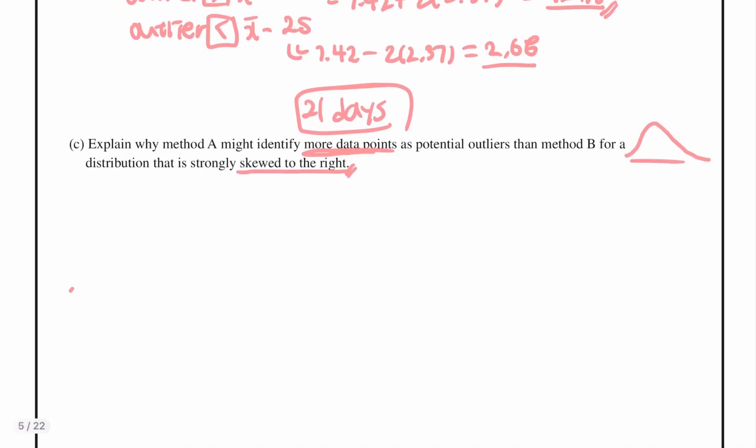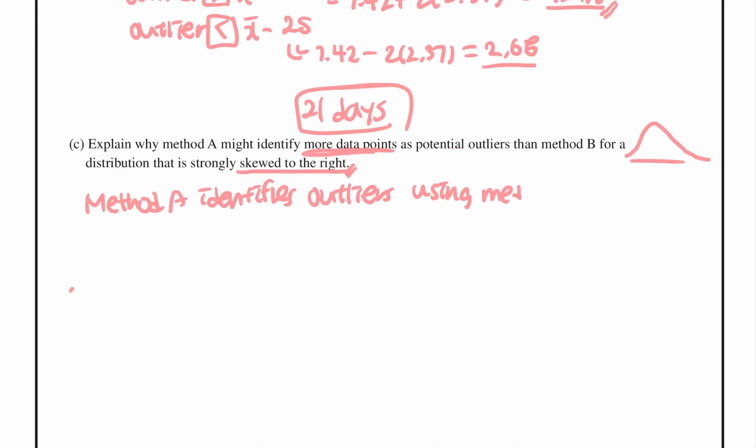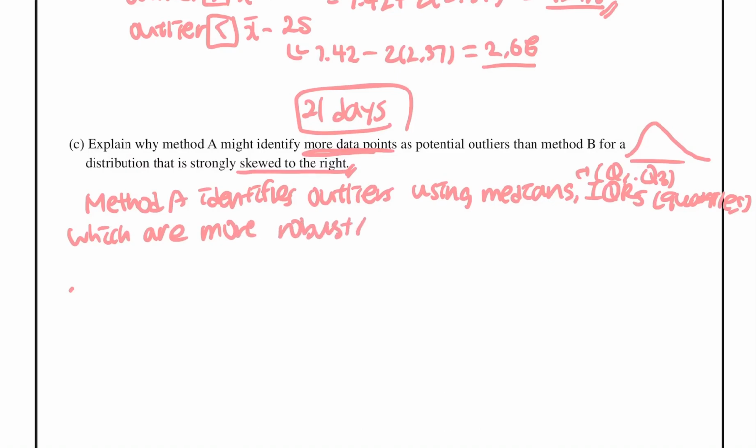The ultimate reason is that method A identifies outliers using medians and IQRs, which means it considers the upper and lower quartiles, which are more robust, or resistant, to skewness.